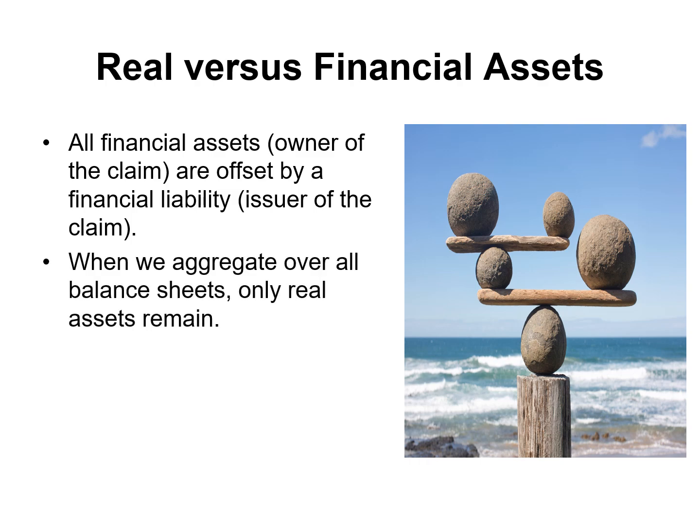However, when we look at the economy as a whole and aggregate all of the balance sheets, we notice something profound. All financial assets net out. What does this mean? Well, my claim on a financial asset is offset by someone else's obligation to pay that asset. Hence, in the aggregate sense, these claims do not add up to net wealth.